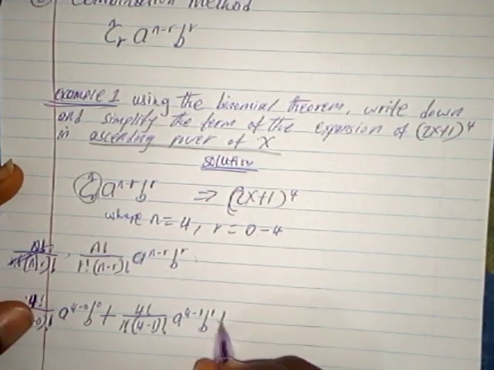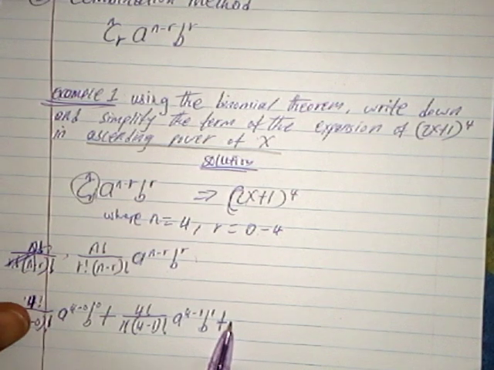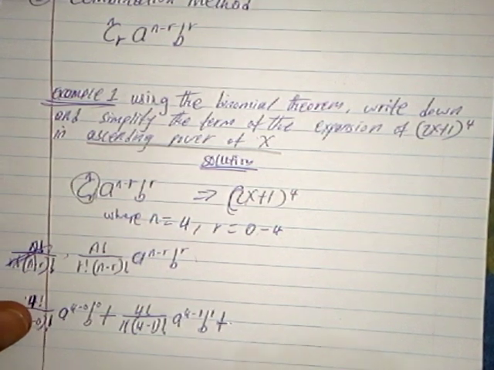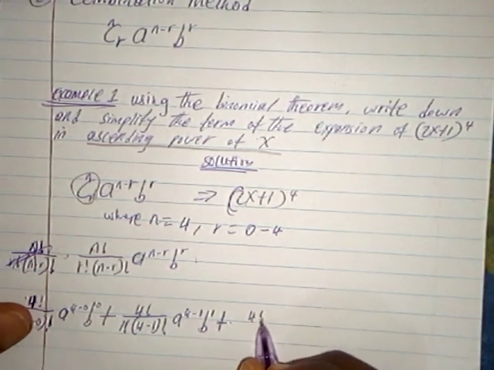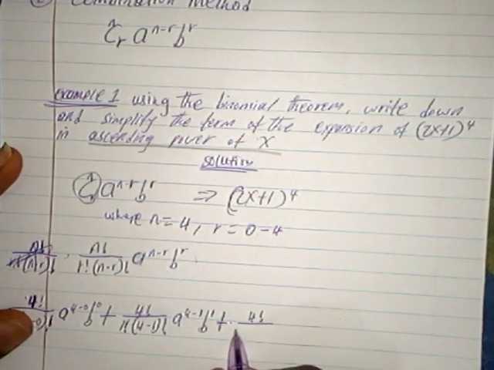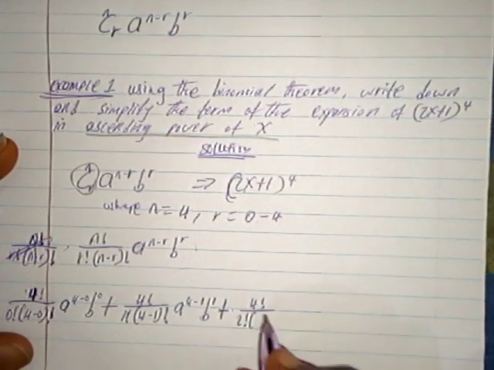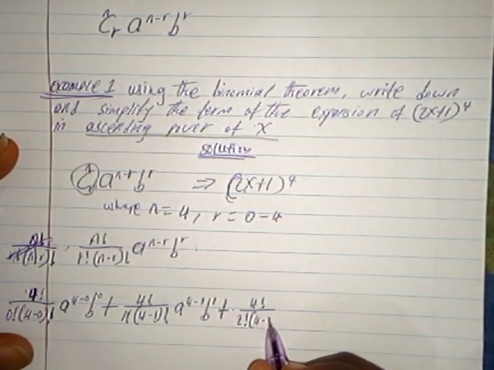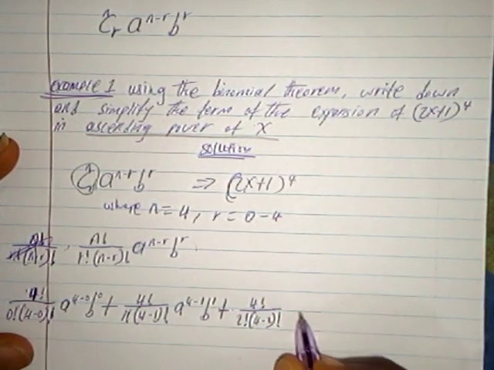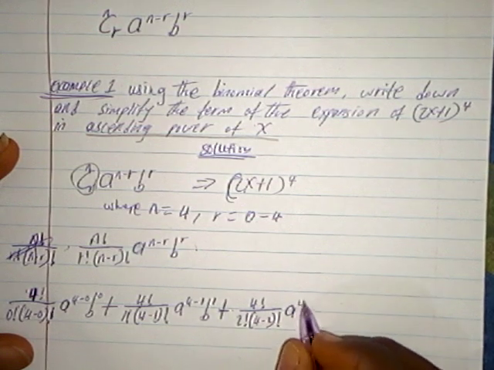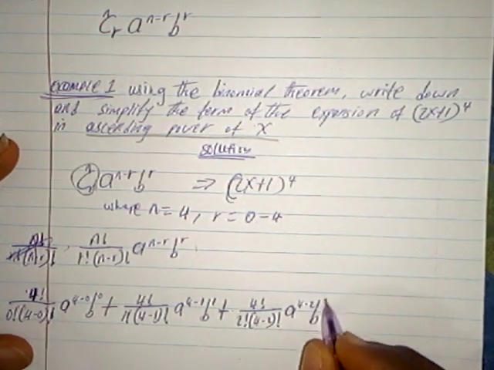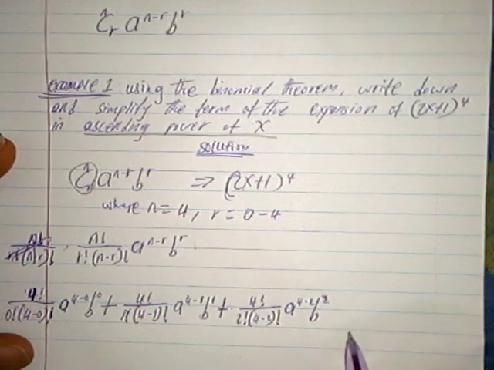Plus, for this third term, r is going to be 2. So say 4 factorial upon 2 factorial. You see the method? Take notes. (4 minus 2) factorial, a raised to the power 4 minus 2, b raised to the power 2.